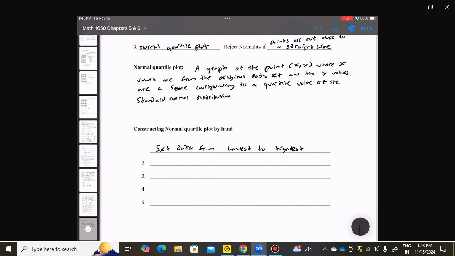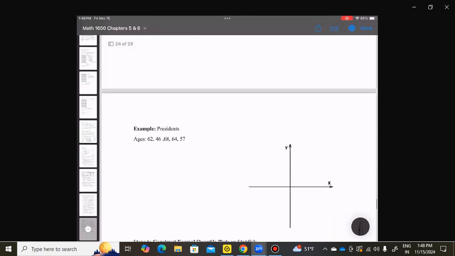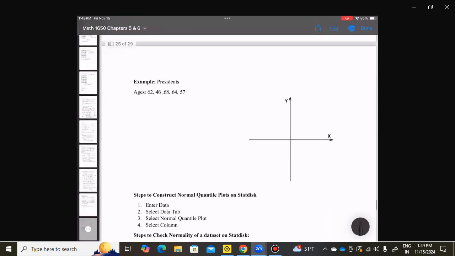As I go through these, I'm going to do them on the next problem. So we have presidents' ages: 62, 46, 68, 64, and 57. We're going to sort this from lowest to highest. So 46, 57, 62, 64, and 68.